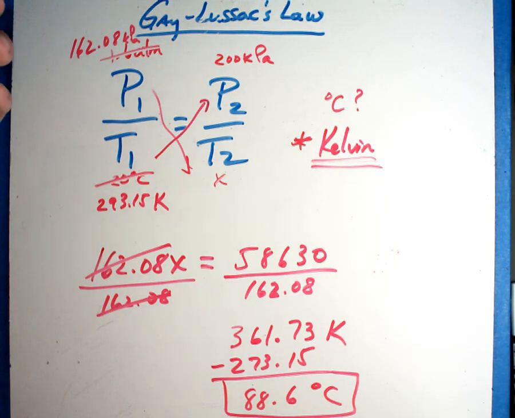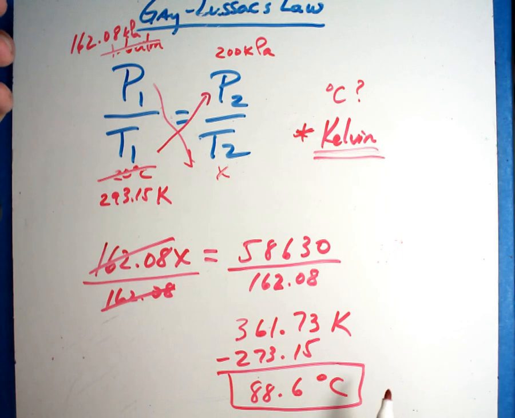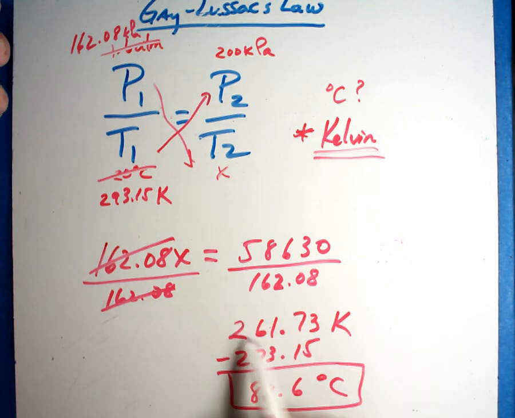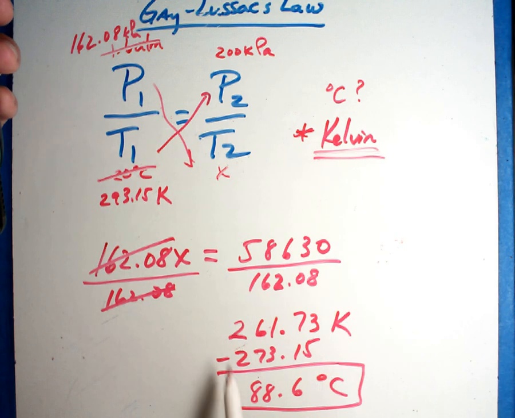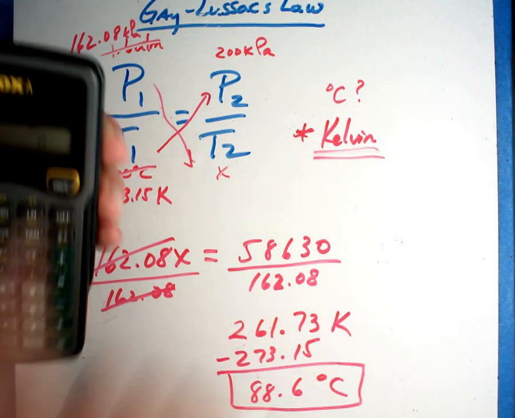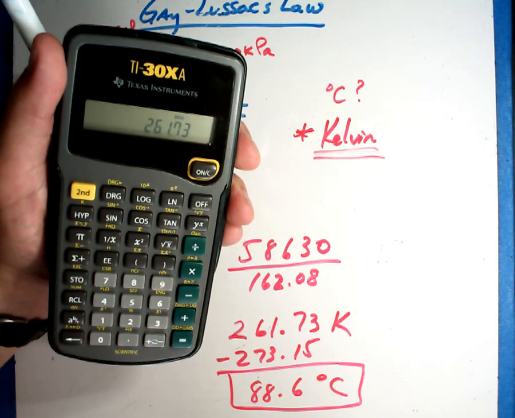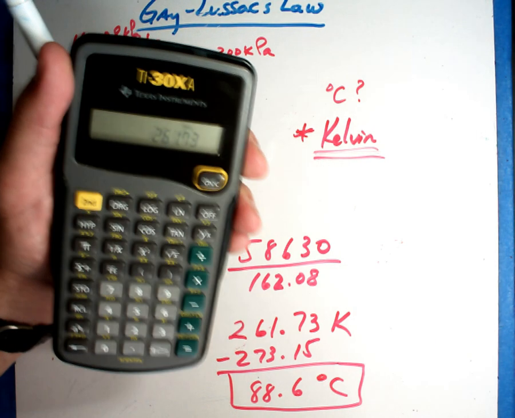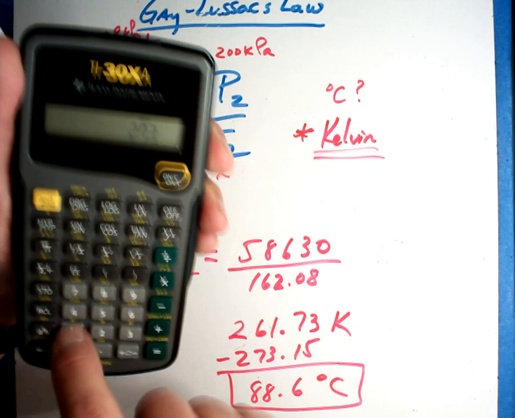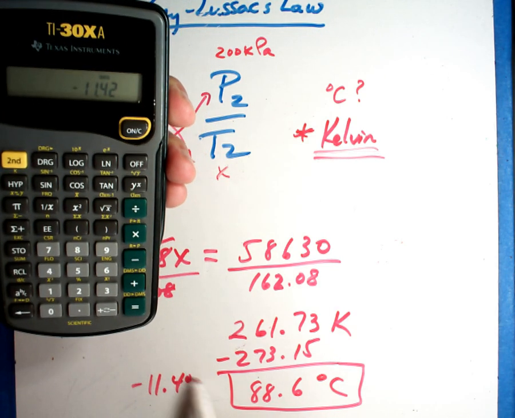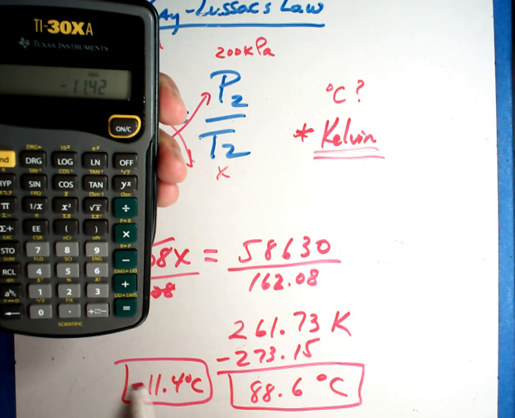Now, quick hint. You're going to see some problems along the way. Let's just pretend that this came out 261.73. This is the wrong math, but let's say that would have been our answer, and I have to subtract 273.15. Sometimes you're going to get negative Celsius. Don't let that trip you.